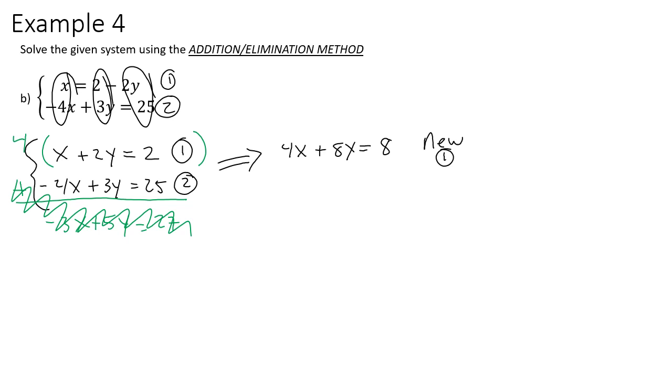Because, and that's legit, whatever I do to one side, if I do it to the other side, that's okay. Number 2 will remain the same. So that is my new system. It's the same system, I've just rewritten it. So now, when I add down, the x terms will get eliminated.